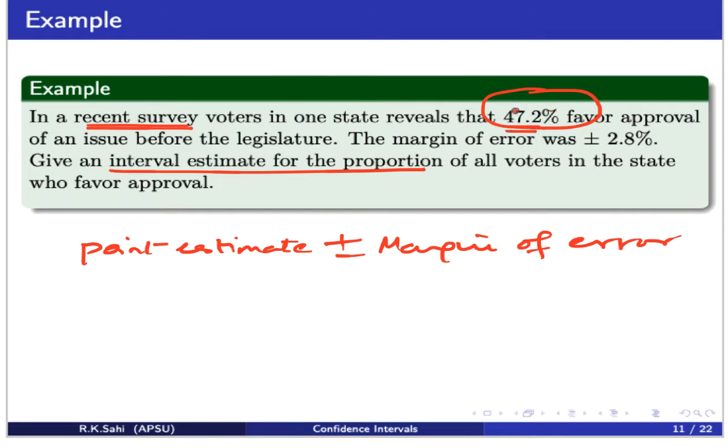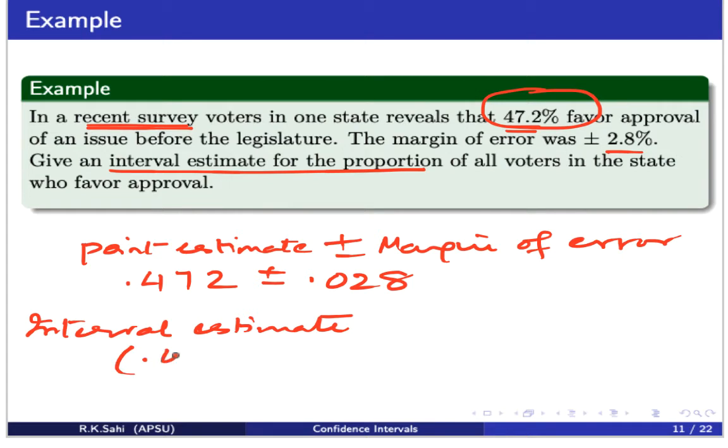47.2%. Now guys, remember, when we write, we talk in percentage, but when we do the math, we change it to decimal. So here the point estimate is now 0.472. And then it says it's a margin of error of 2.8%. Change it to decimals. Plus minus 0.028. So what's the interval estimate, guys?